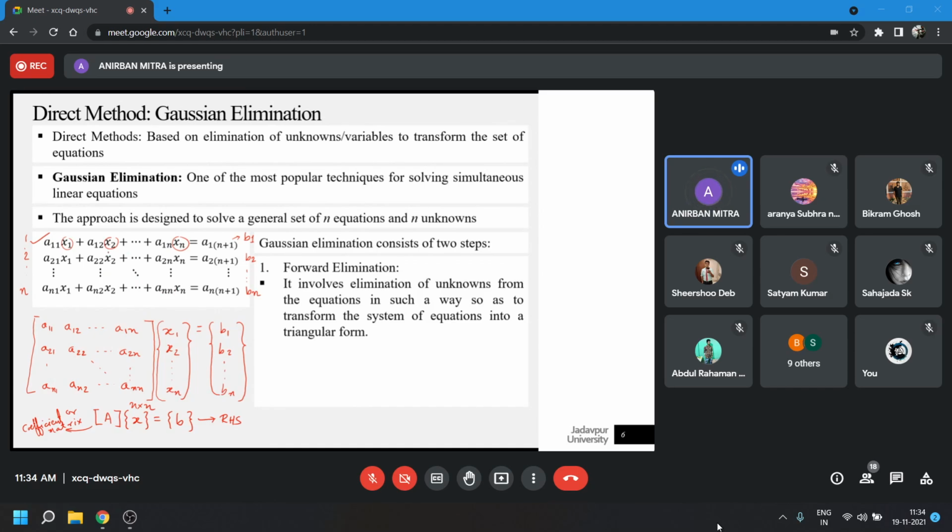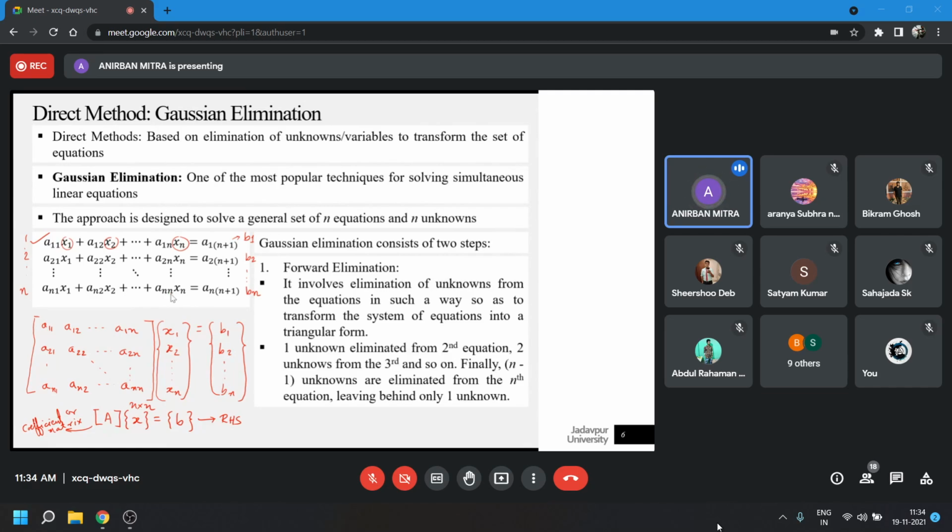So from the second equation, we eliminate one unknown. From the third equation, we eliminate two unknowns. Finally, n minus 1 unknowns are eliminated from the nth equation, leaving behind only one unknown.